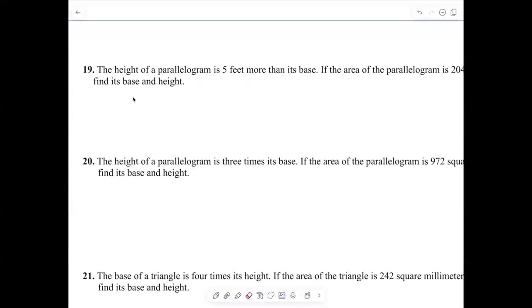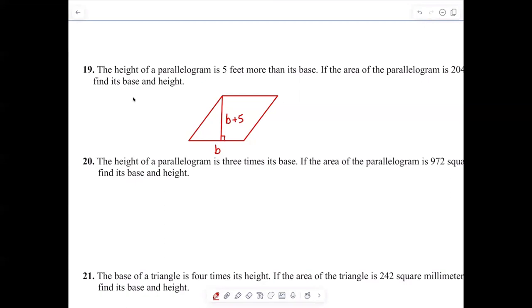All right, so let's just draw a parallelogram and label it. So again, if this is the base, then the height is what? B plus 5. Yeah, you could use x, but that's b plus 5.